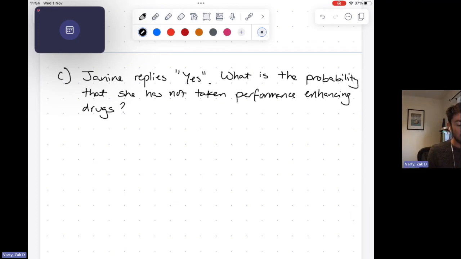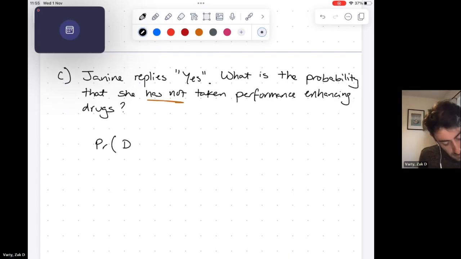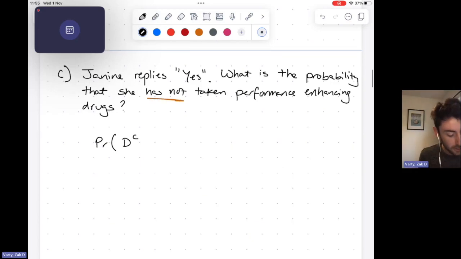Okay, so let's suppose that a particular respondent called Janine replies yes. The next part of the question is asking us what is the probability that she has not taken performance-enhancing drugs. So what I want to do here is apply Bayes' theorem to get an expression for the probability that the student has not taken drugs given that they've responded with yes.